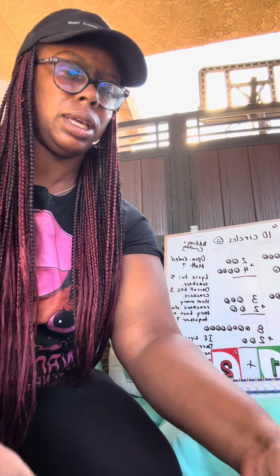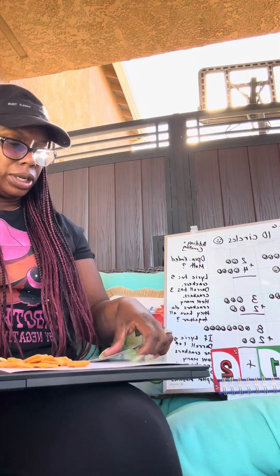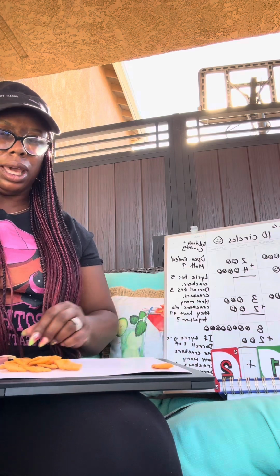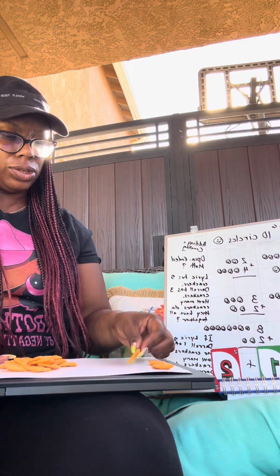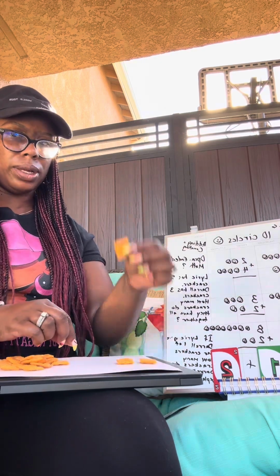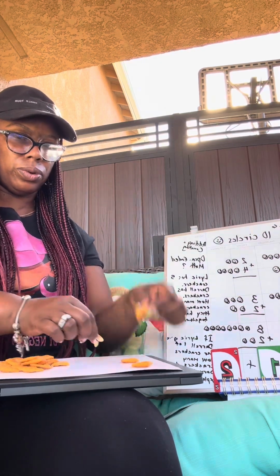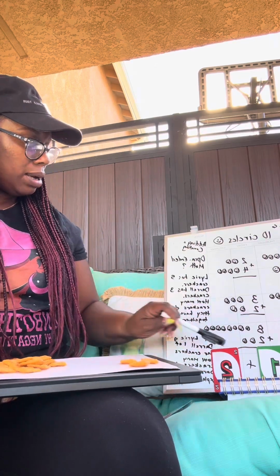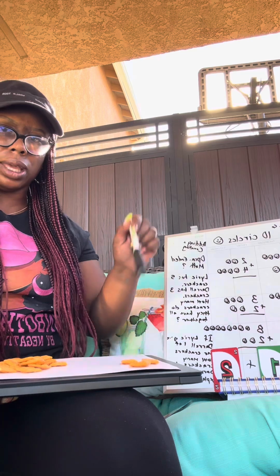So they would get their board, on their desk would be crackers, and they would put 1 cracker and then count out 1, 2. And then I would ask them to count. How many crackers do you have? 1, 2, 3. So your answer, 1 plus 2 equals 3.